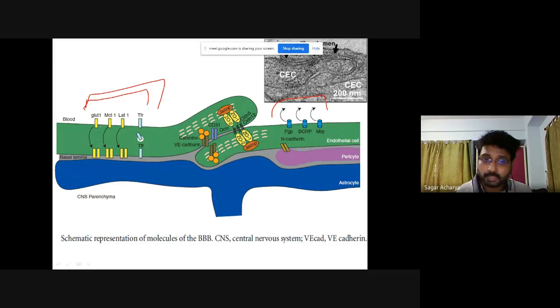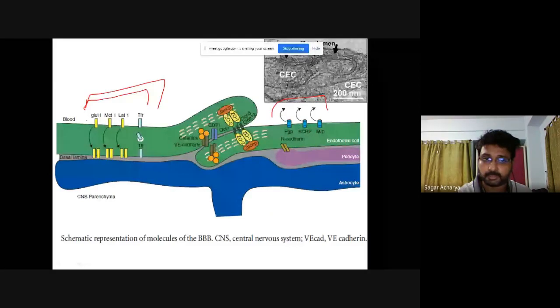These are basically passive movement across the concentration gradient, because the concentration of glucose and so on is much higher within the blood, so it easily transports these things into the brain parenchyma.